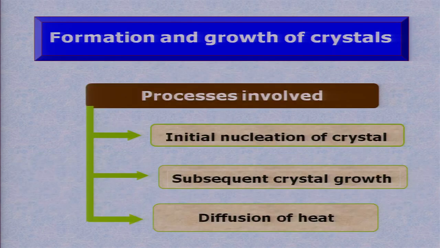Formation and growth of crystals involves three processes: initial nucleation of crystal, subsequent crystal growth, and diffusion of heat. These are the three important processes involved during the growth of crystals in the magma.